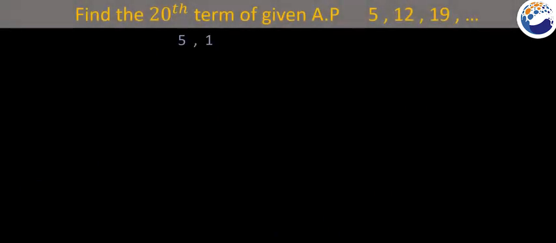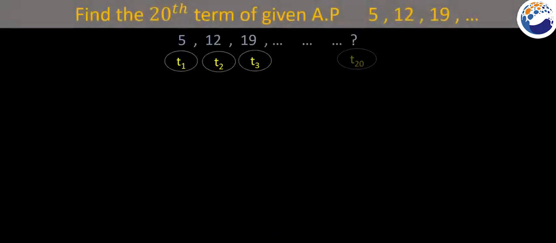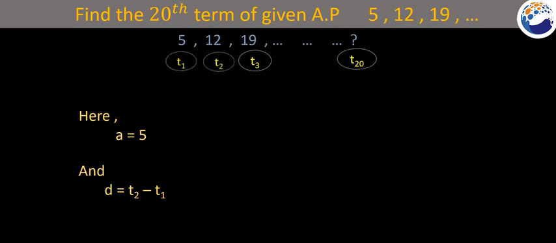Example: find the 20th term of the given AP 5, 12, 19. Here, a is equal to 5 and d is given by T2 minus T1. Therefore, d is equal to 12 minus 5 is equal to 7. We are supposed to find T20.